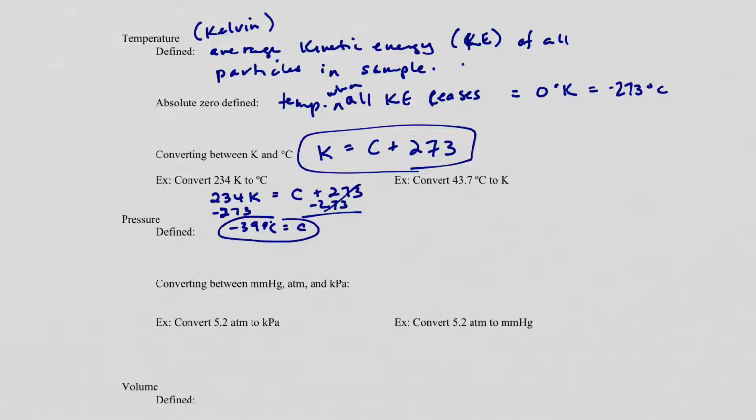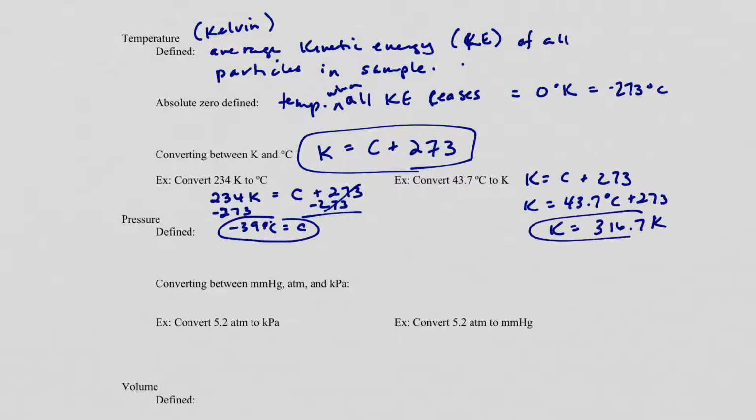Converting 43.7 degrees C to Kelvin, we have Kelvin equal to Celsius plus 273. So just substituting in the 43.7 for the Celsius, plus 273, Kelvin temperature here is going to be 316.7 degrees Kelvin.